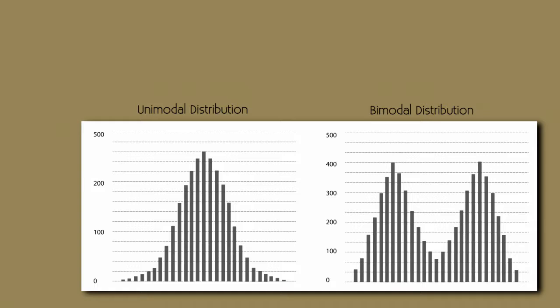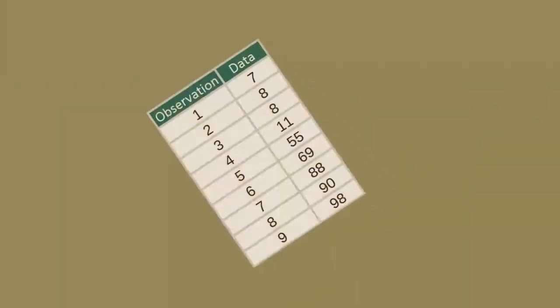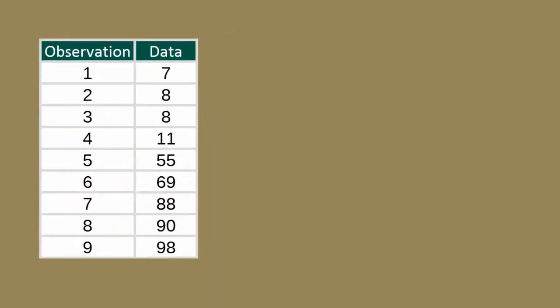Looking at our histograms again, we can easily see the mode. It's the most common occurring value in the distribution. The median, that is, the midpoint of the distribution, is the number such that half of the observations fall above and half fall below. We find the median by ordering the data from the smallest to the largest. Consider when n, the number of observations, is even or odd.